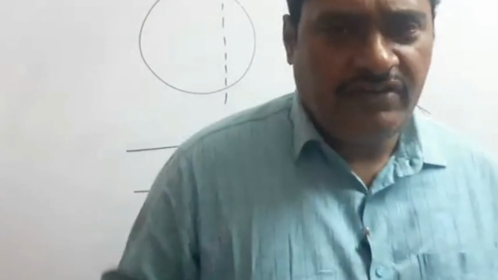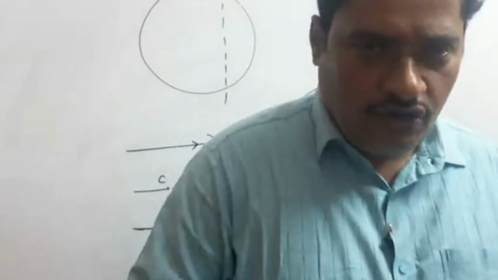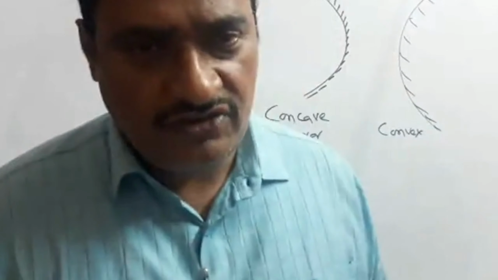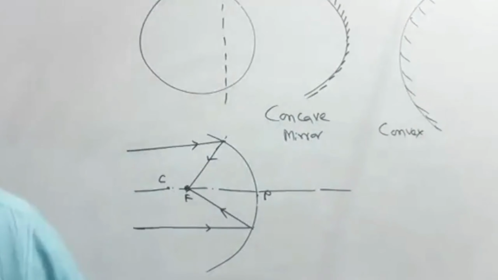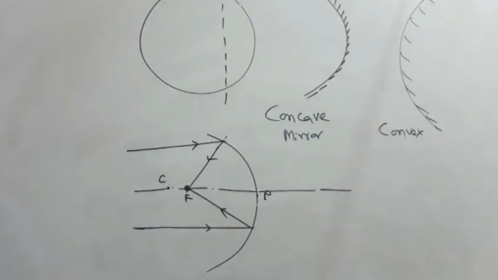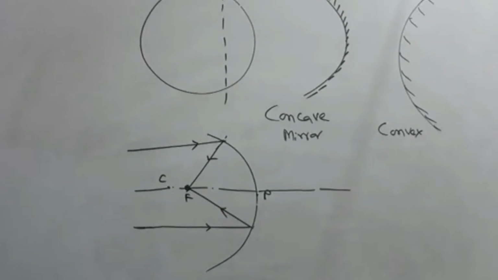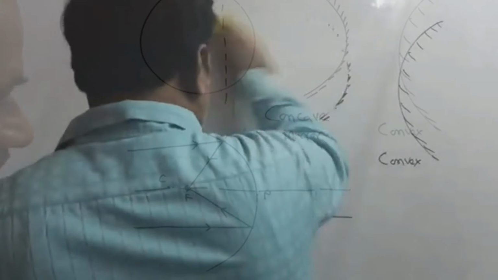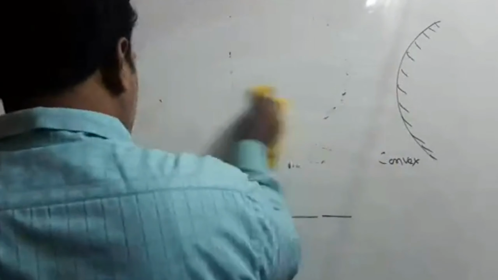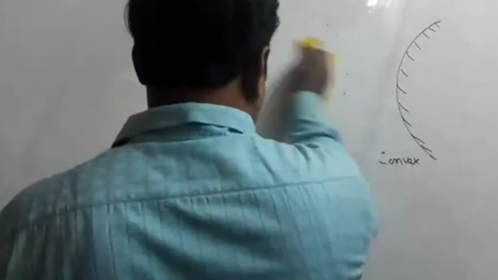Like that you are having different images depending upon the object position. Therefore, you should always go through that: if the image is on the same side or reverse side, if it is greater, or sometimes on the opposite side, etc. I am especially discussing the concave mirror.